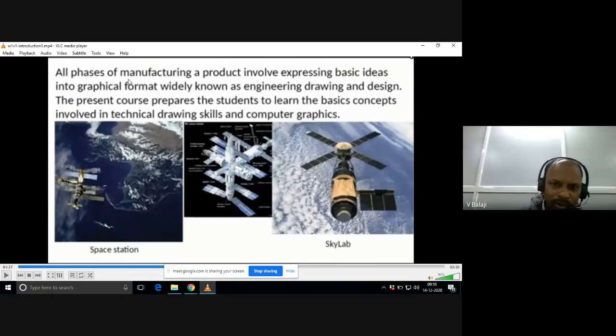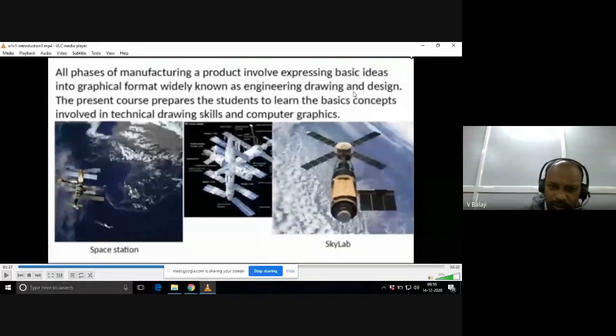I am reading the important 2-3 lines here. All phases of manufacturing a product involve expressing basic ideas into graphical format. This is what we are doing in our subject. Something is there in your mind, but you need to express it on the drawing sheet. You need to put it in graphical format. That is known as engineering drawing and design.